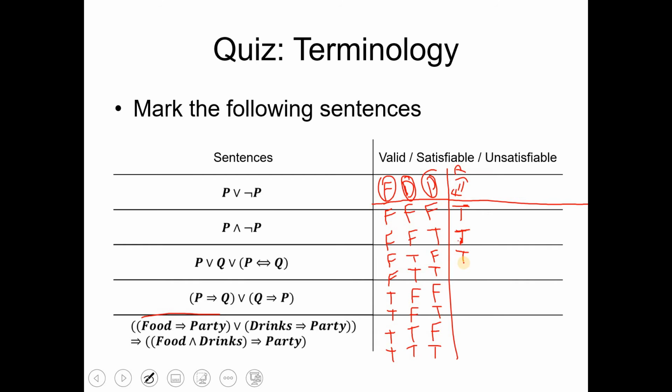So whenever F is false, I will not care about P. And when F is true, P should be true. So this is it. So food implies party. That's it. The second one is drink implies party.